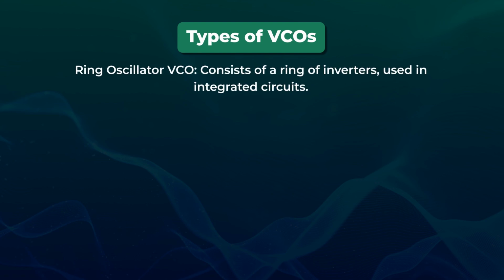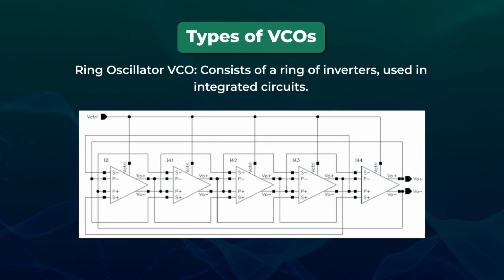The ring oscillator VCO consists of a ring of inverters where the oscillation frequency is controlled by adjusting the supply voltage or the biasing current. Ring oscillator VCOs are commonly used in integrated circuits due to their simplicity and ease of integration.